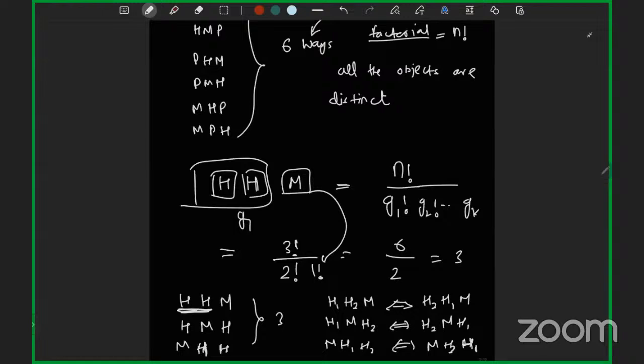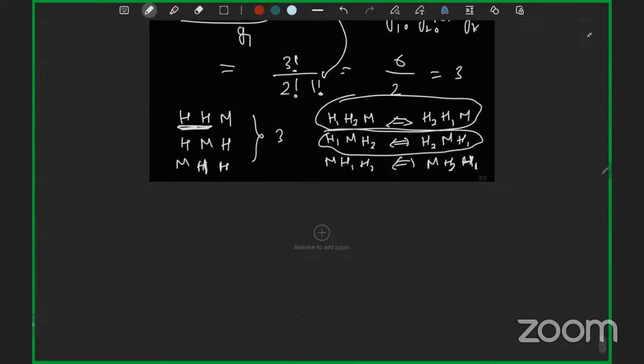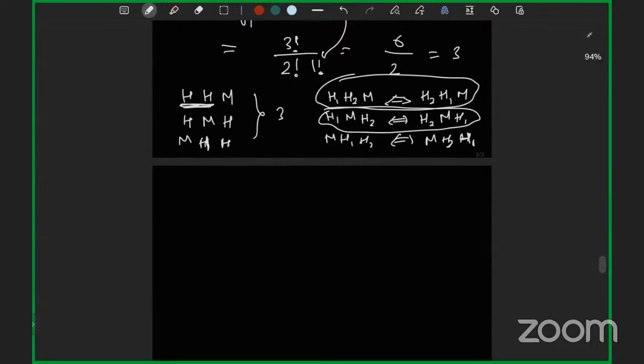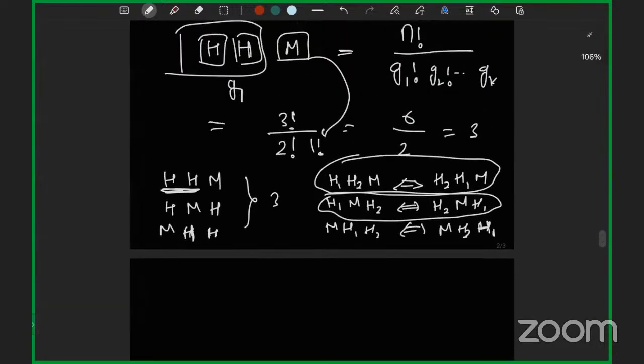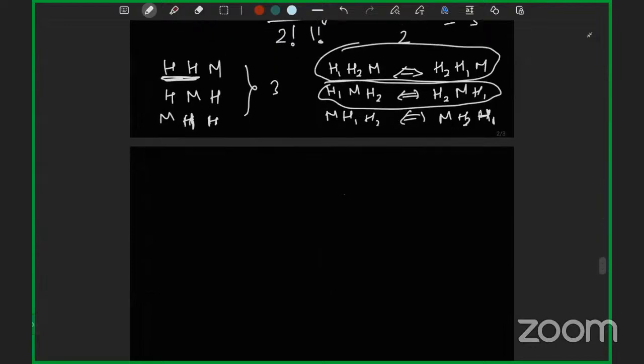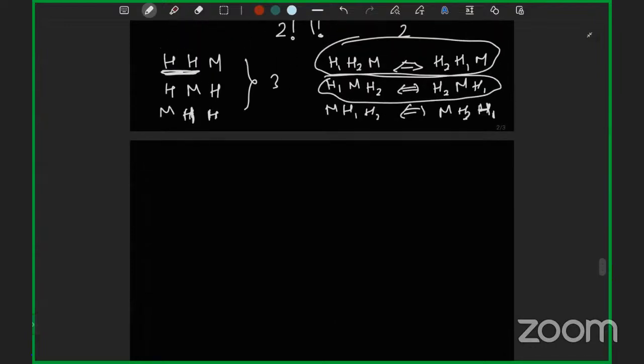So I mean, not 6, but these 2 are the same cases, and the next 2 are also the same. That's why we only kept one side of that, right? That's giving you a visualization. But this is the formula you have to use when there is arrangement and objects are not distinct.